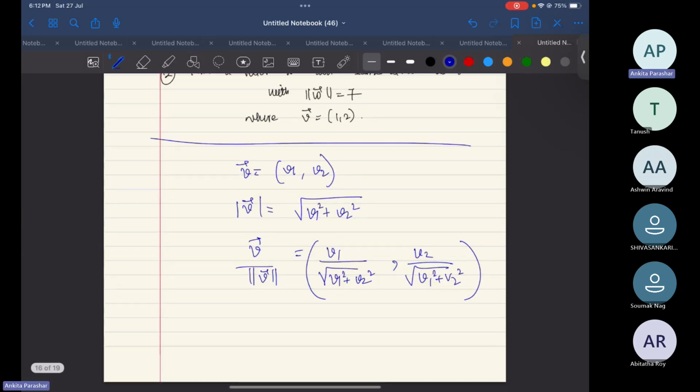Now if I try to compute its norm or modulus, what will that be? Suppose I divide our vector by its norm and finally take its norm. What will that be?